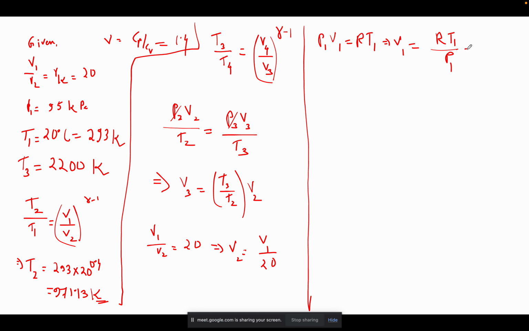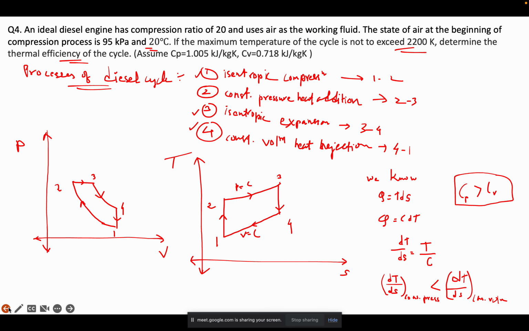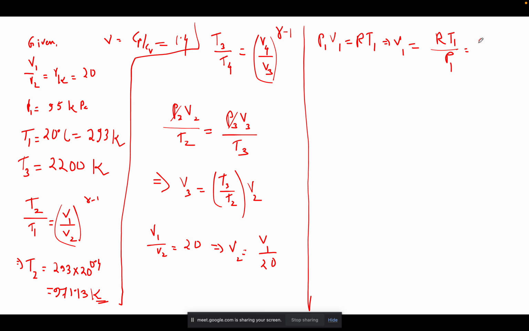Again, for an ideal gas, Cp minus Cv is equal to R. So R is 1.005 minus 0.718, which is nothing but 0.287, and T1 is given to you as 293, and P1 is given as 95 kilopascal.